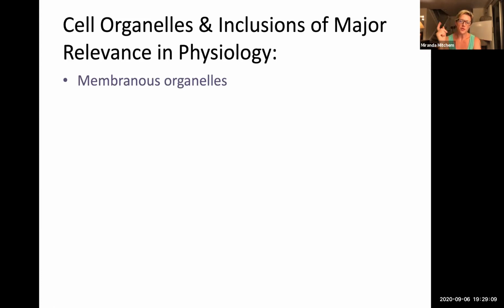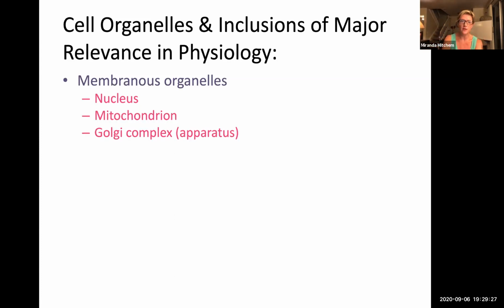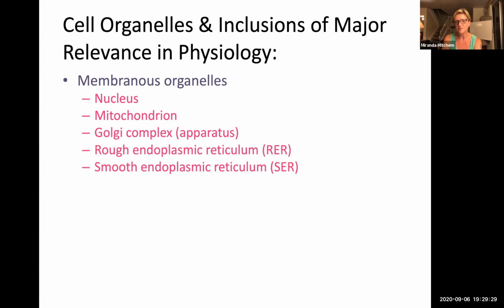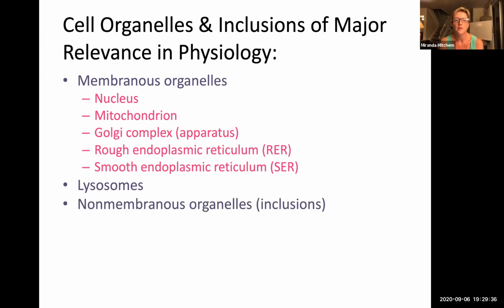All right, so let's run through quickly the eukaryotic organelles that are important in physiology. Hopefully some of this is familiar to you. Those that have membranes include the nucleus, the mitochondria, the Golgi, the rough ER, as well as the smooth ER. And then we get to lysosomes, which have no membranes. And then we get to our inclusion bodies.